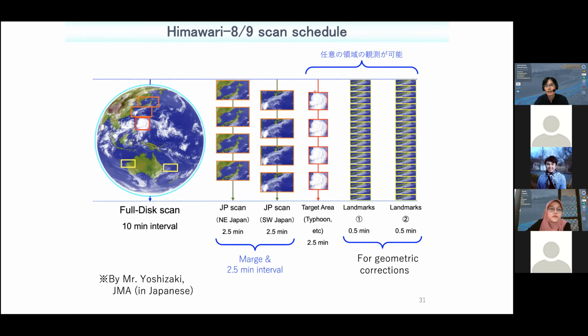The target area is mainly focused on typhoons, and landmarks can also be captured every 2.5 minutes. Such fine time resolution data can be obtained with Himawari-8, the third generation satellite.